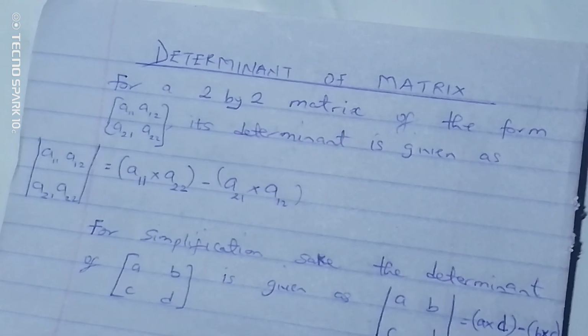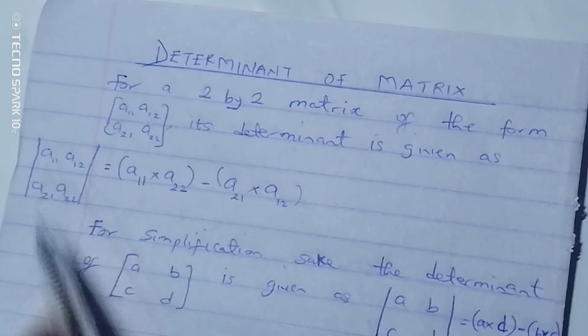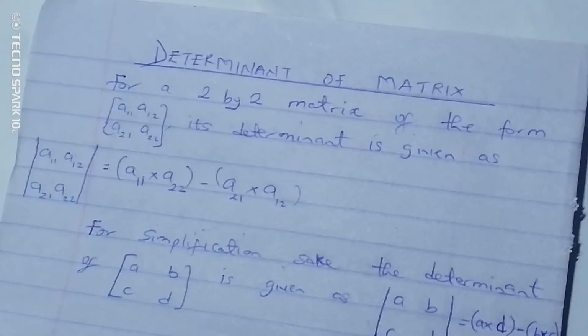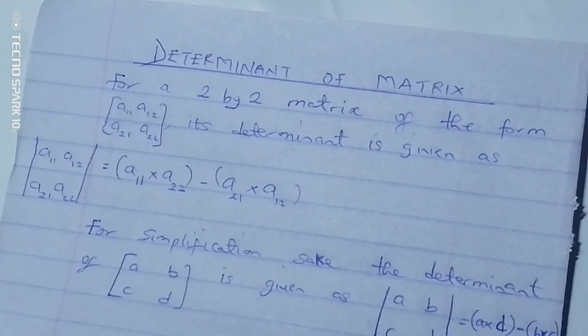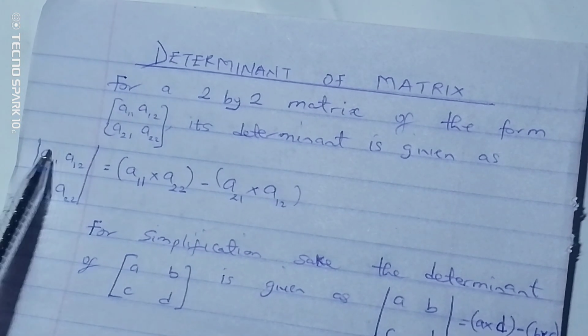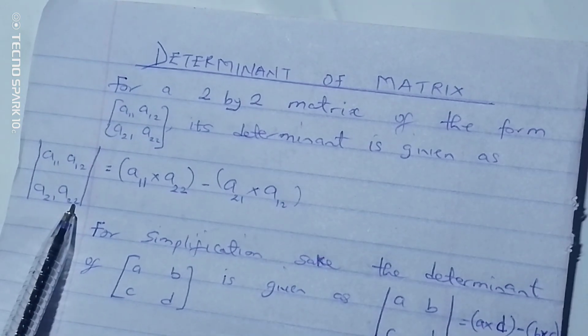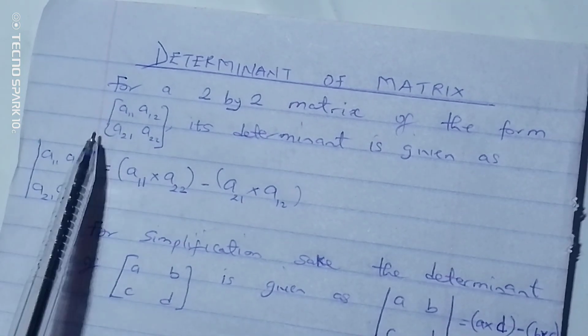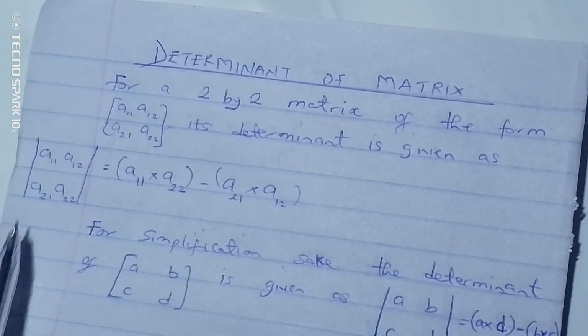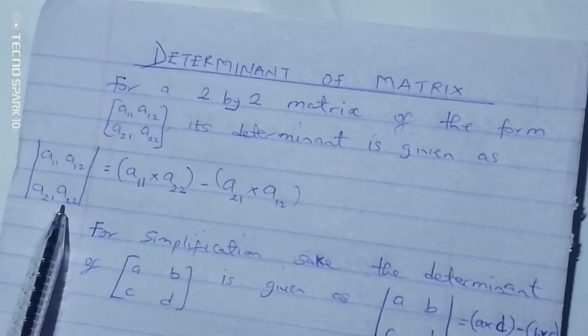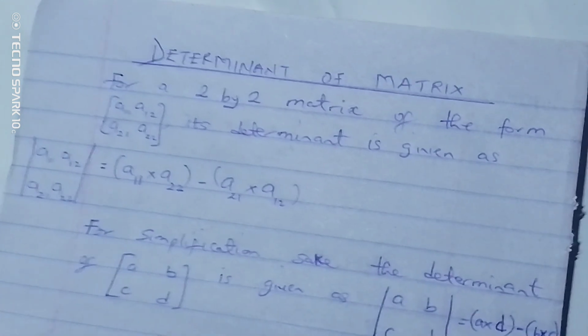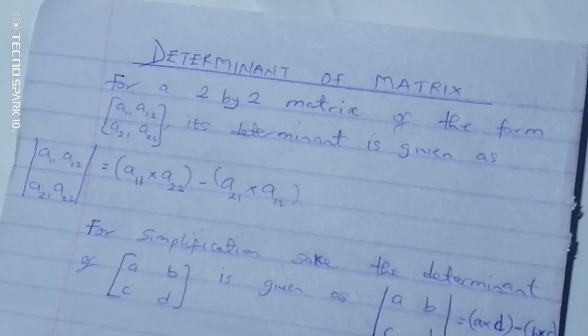So this symbol, these straight lines, indicate that you're already solving for the determinant. To get the determinant, you just multiply this cross part, then you subtract the multiplication of the second cross part. That's this times this minus this times this. That's all you do in determinant of a 2 by 2 matrix.